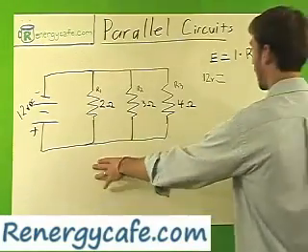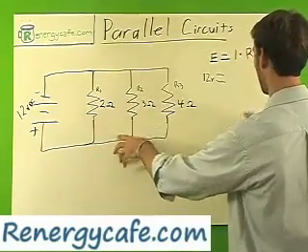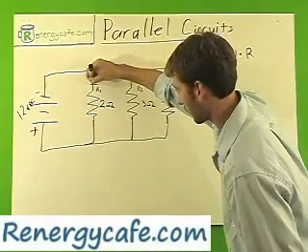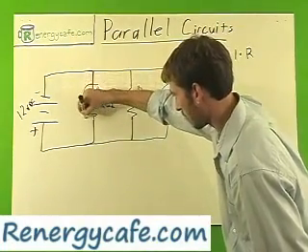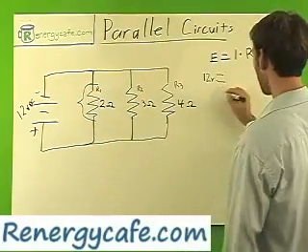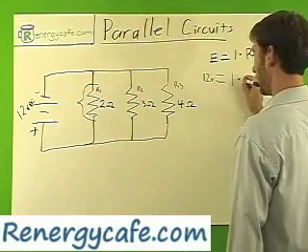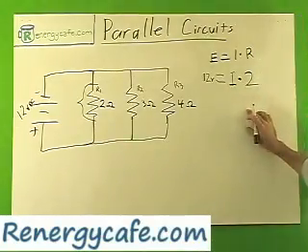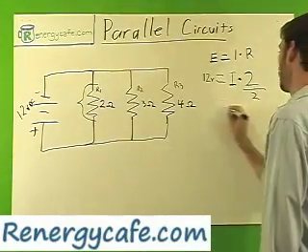So if you want to figure that out, let's take the 12 volts and let's go with 2 ohms. Let's figure out what the current is across here. 12 volts equals I times the resistance, which is 2. Now what we have to do here is divide both sides by 2.